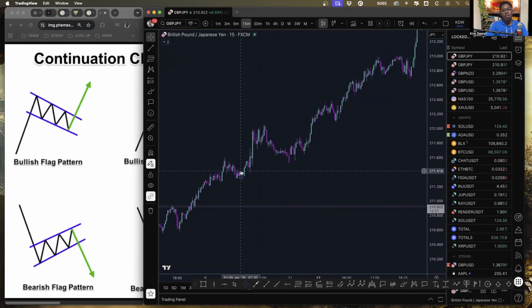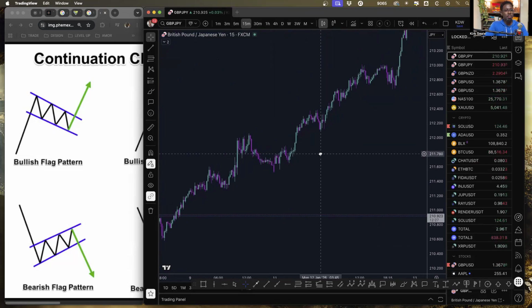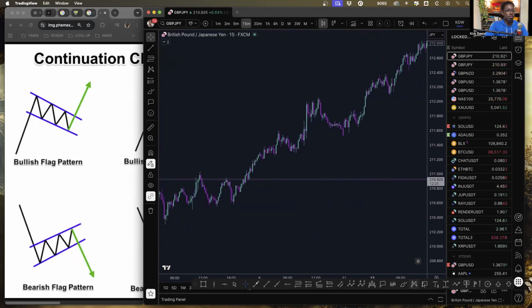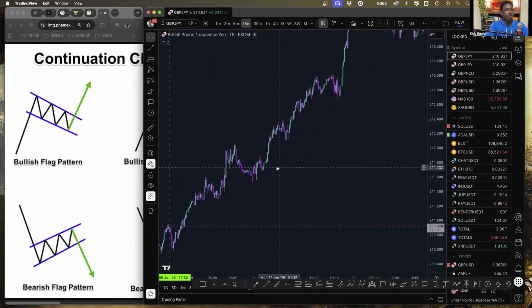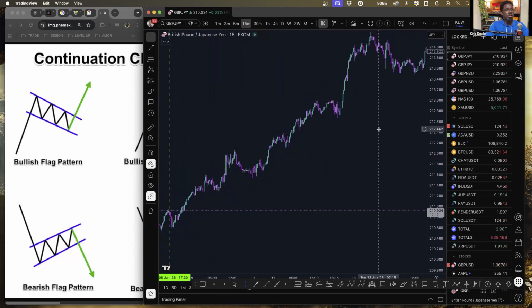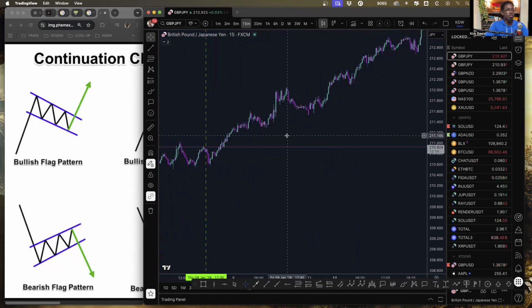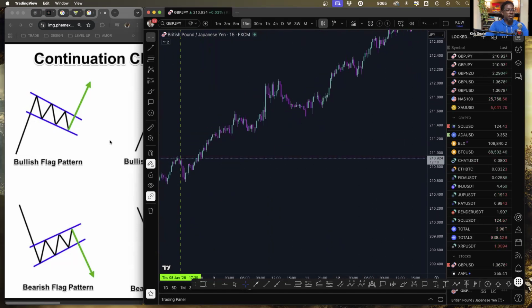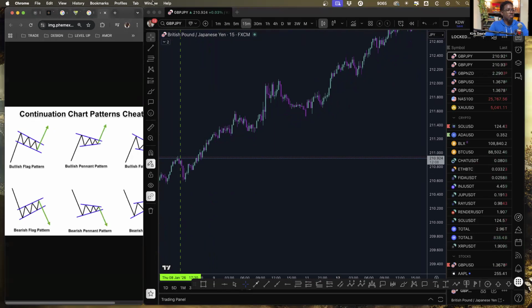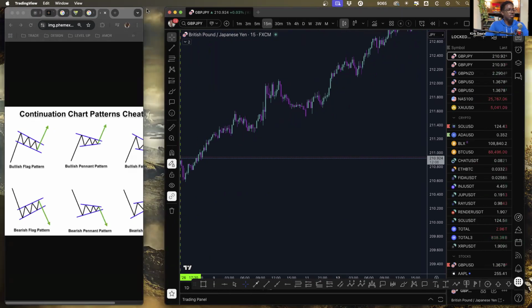We're going to look for some areas and then see which one it probably is. We're looking between this point right here all the way up here. Price is definitely going up, but let's see if we can identify any of these patterns.